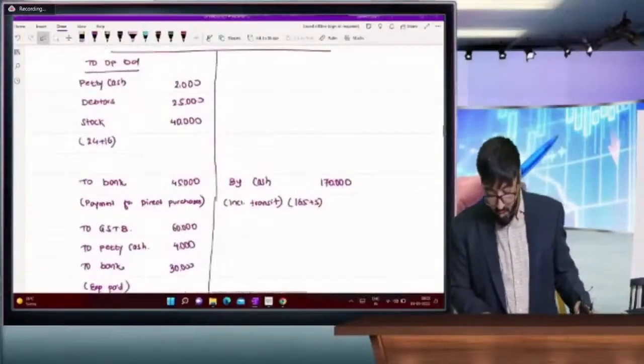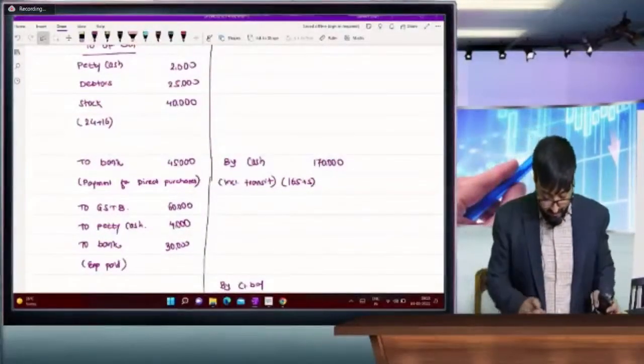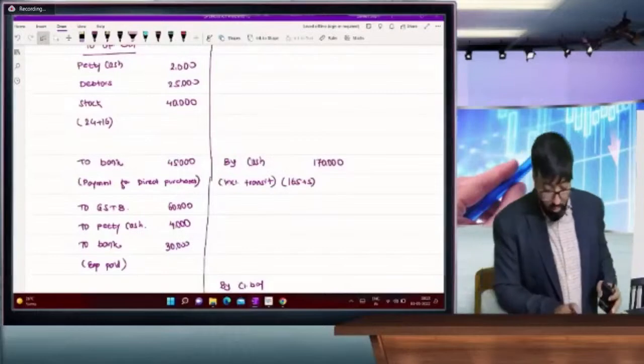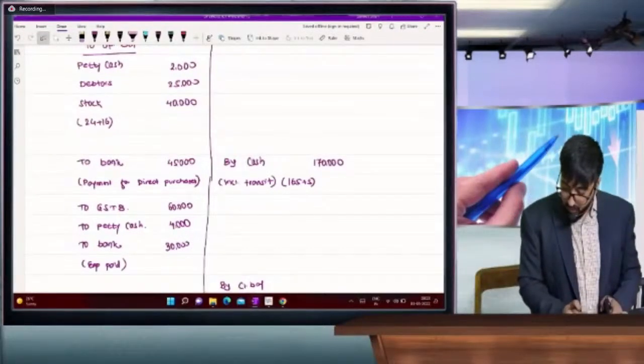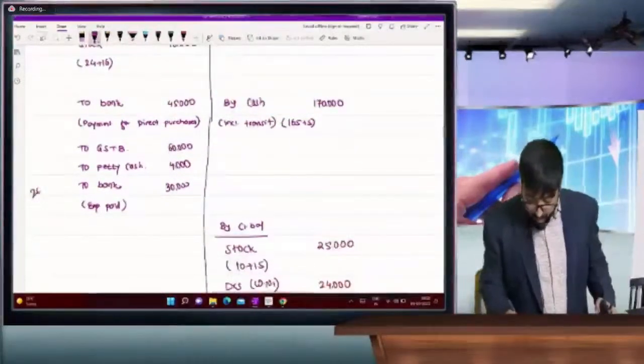We have written all the information, and now let's take the totals. 2 plus 25 plus 40 plus 45 plus 60 plus 4 plus 30, so the debit side total is 2,06,000.